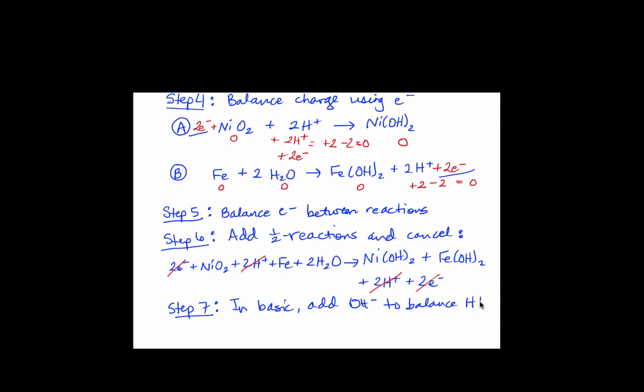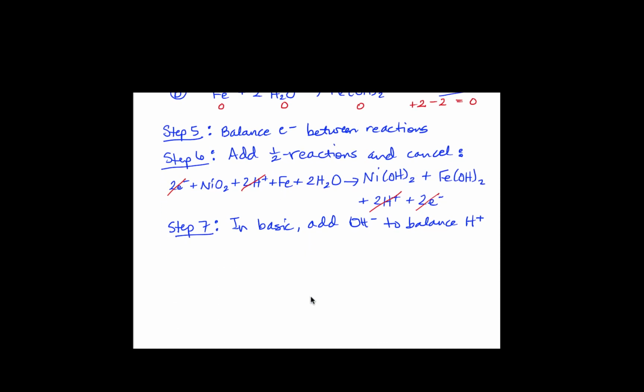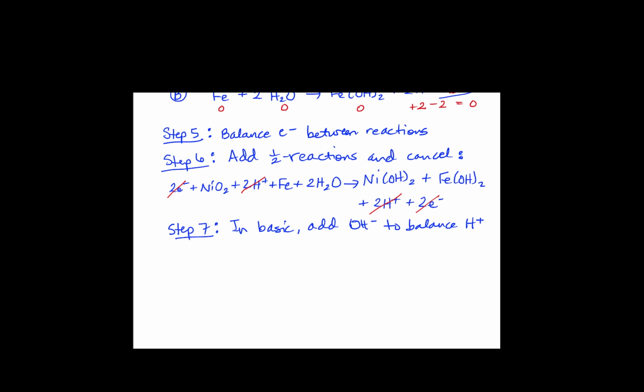So here my H+ canceled, I don't have any, I don't have to do anything. And my final reaction is just this nickel oxide plus the iron plus water makes nickel hydroxide and iron hydroxide. And then we are done.